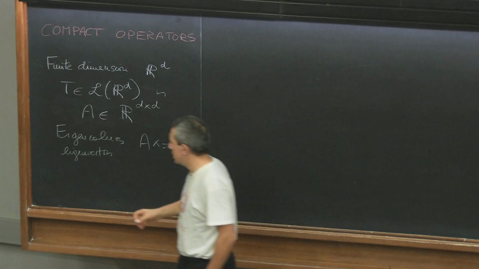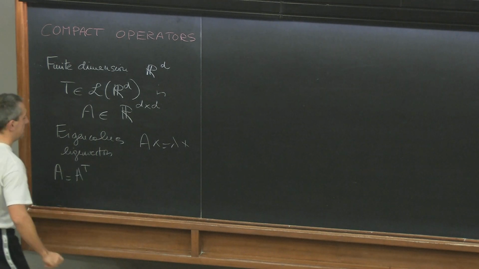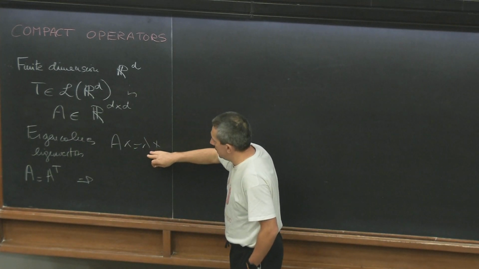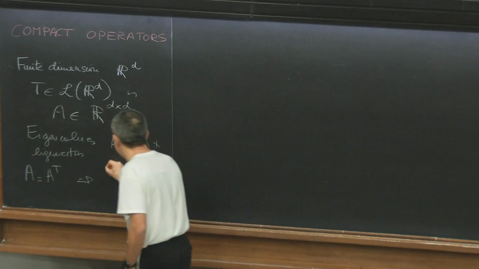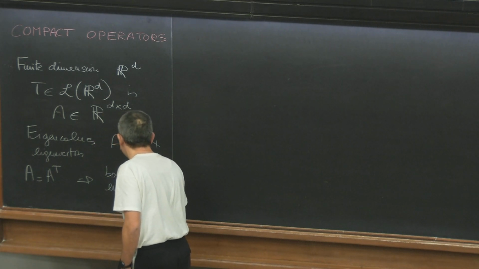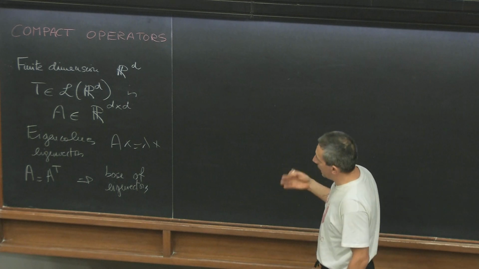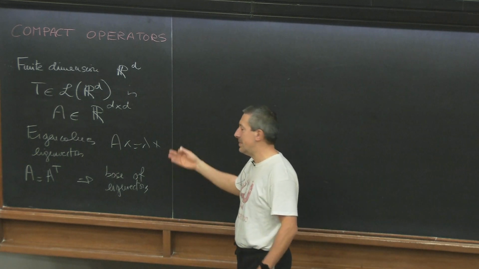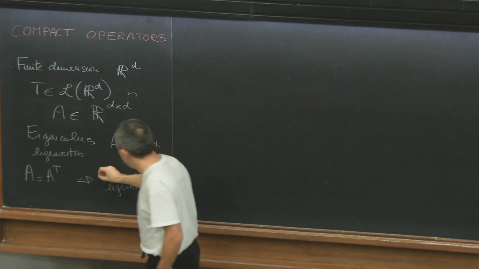Because another important result is, if A is symmetric, then you can define a base of eigenvectors, or you can diagonalize A. An orthonormal base, yes, orthonormal base. So let me add this, orthonormal.